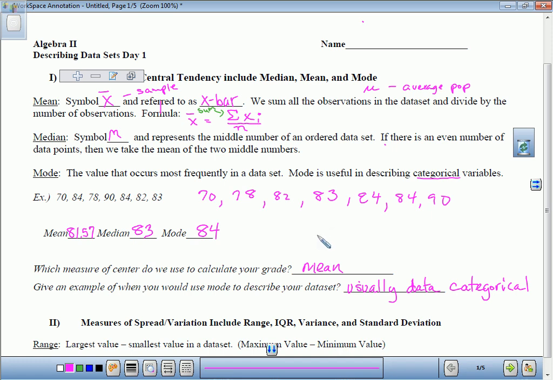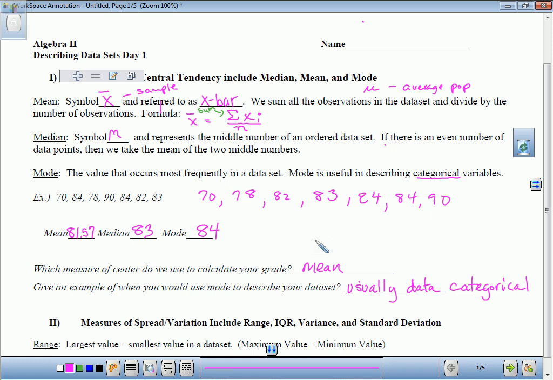So if we were going to try to represent average salaries in Fayette County, and we randomly selected a few people, and one of them happened to be like a multimillionaire, what would that do to our data? It would pull that mean up really high, wouldn't it? It would skew our data.